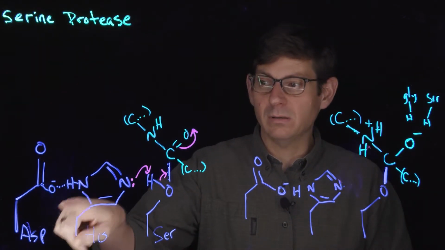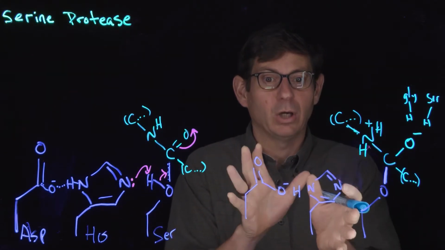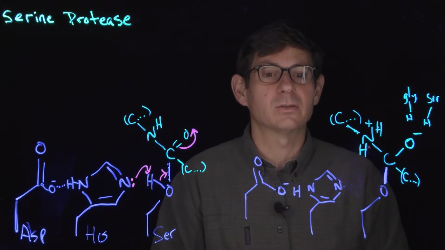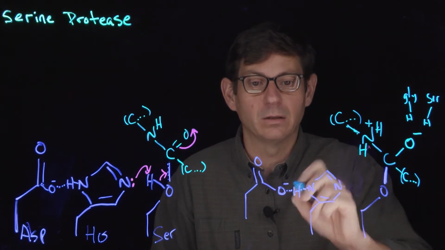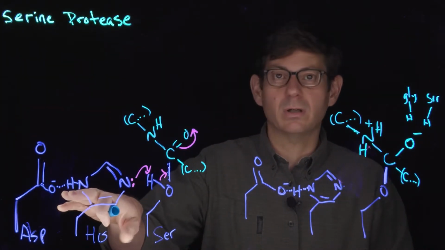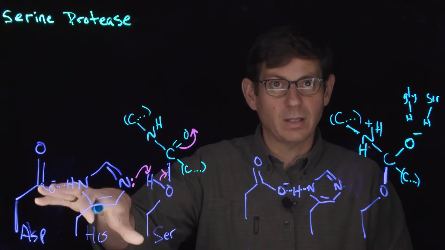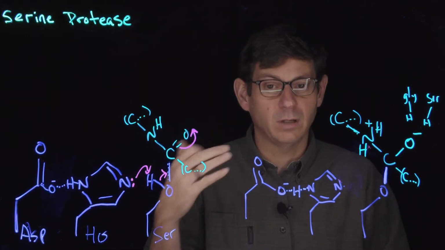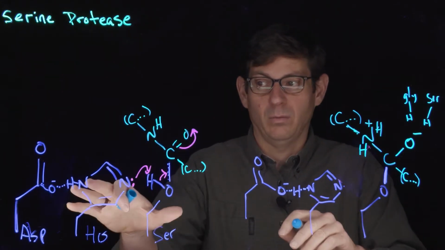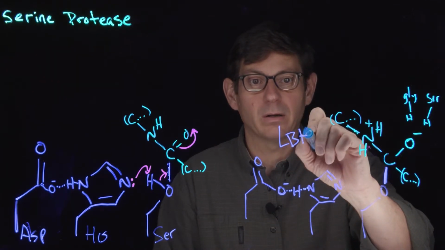And that happens to involve the role of the aspartic acid. The aspartic acid is there to kind of hold the histidine in place and control its action. And part of that is through the formation of a low barrier hydrogen bond. So the proton on the histidine ring is hydrogen bonded to the aspartic acid carboxylic oxygen. But when it undergoes this intermediate step, one can form a low barrier hydrogen bond.